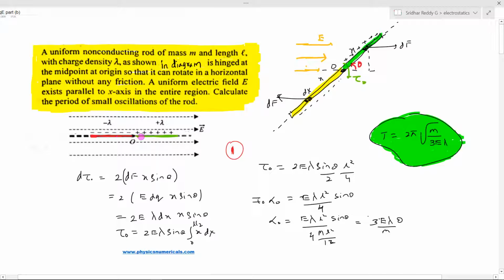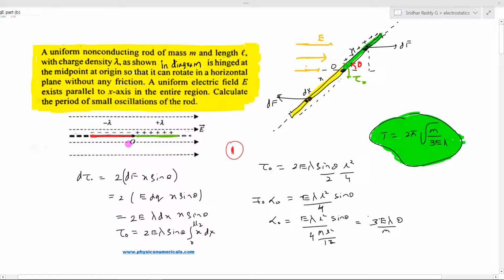Half of the length of the rod is positively charged, and the remaining half is negatively charged. It is pivoted at the midpoint at the origin so that it can rotate in a horizontal plane without friction. A uniform electric field exists parallel to the x-axis in the entire region. Calculate the period of small oscillations of the rod. We have to find the time period of oscillations of the rod.